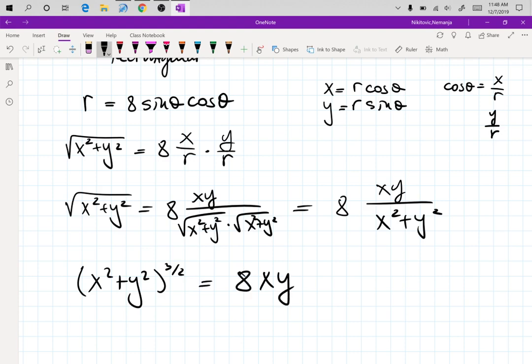And look at this thing. This is your flower, right, with 4 petals in rectangular coordinates. You can't do anything, exactly. So it's this versus r equals 4 sine 2 theta.